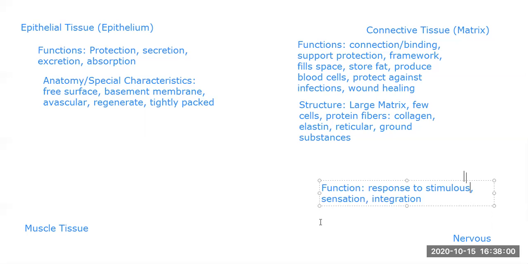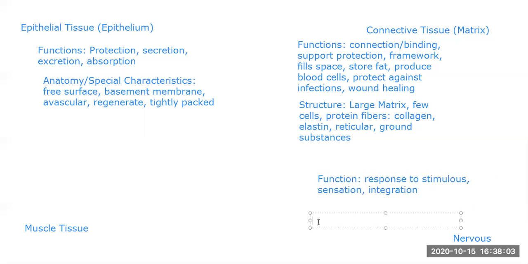As far as structure goes, for this chapter, we're only going to focus on the neurons. So just neurons. There are other cells in the nervous system that do make up nervous tissue. We'll focus more on those when we get to that chapter. So neurons, they are long, thin, delicate structures.